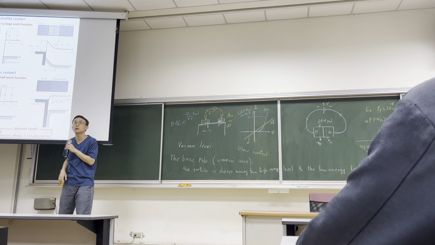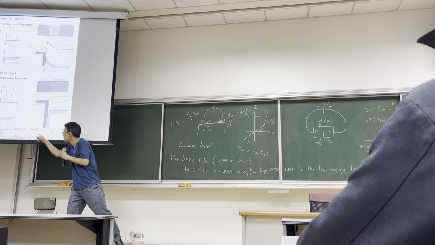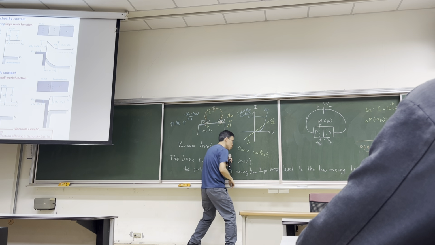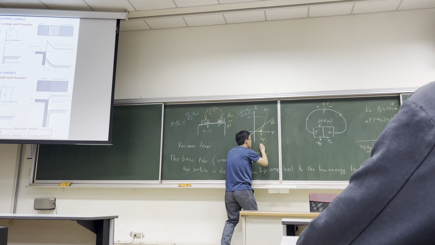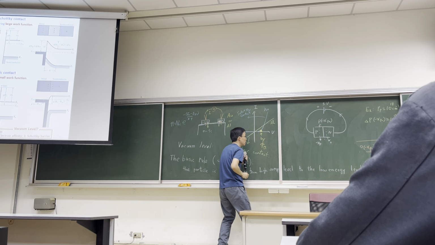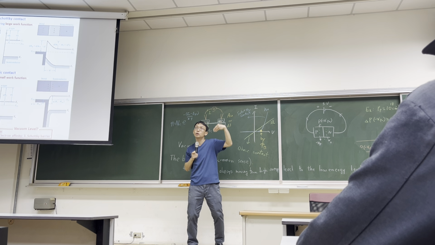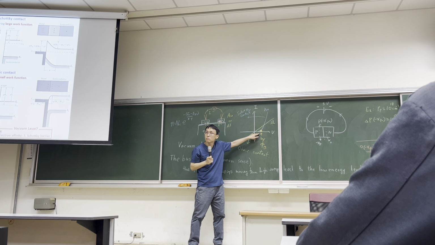Why do you need to know this parameter? Because this Schottky barrier is the key to determine the turn-on voltage here. If you have a large Schottky barrier, this turn-on voltage will become large.